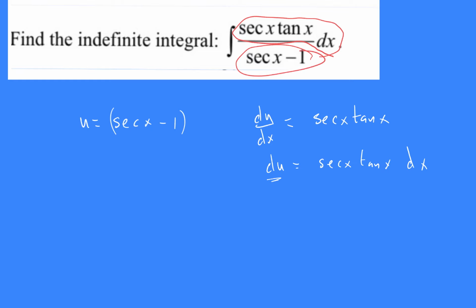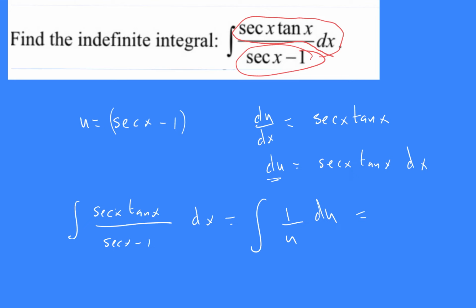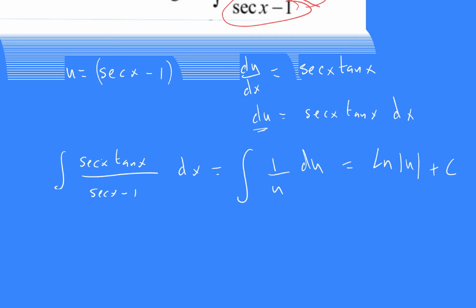So the integral of secant x tan x divided by secant x minus 1 dx is the integral of 1 divided by u du. So the integral of 1 divided by u du is natural log of u plus c, but u is secant x minus 1.